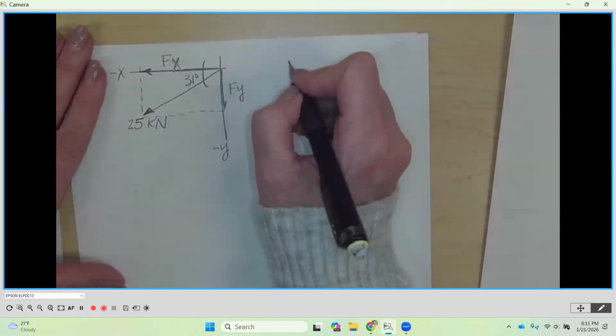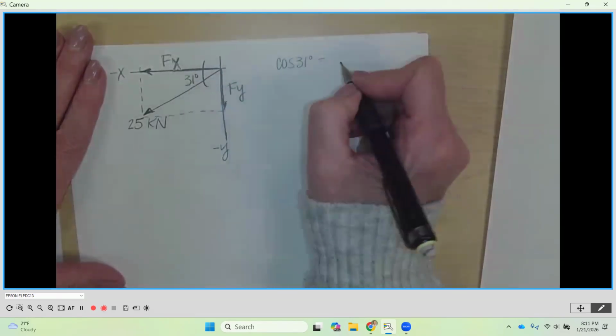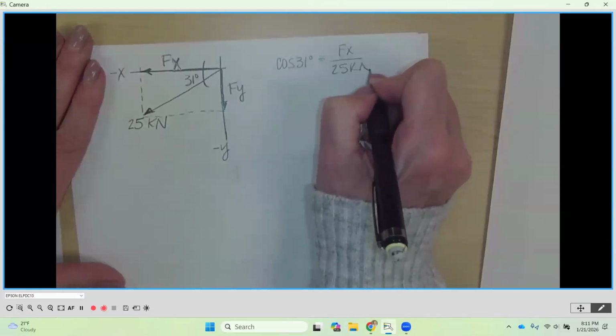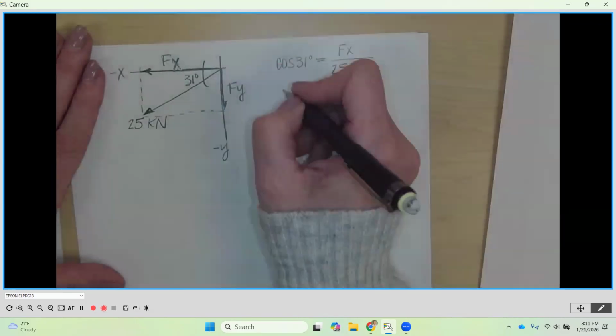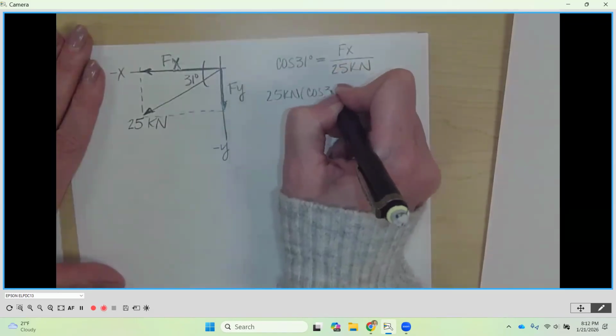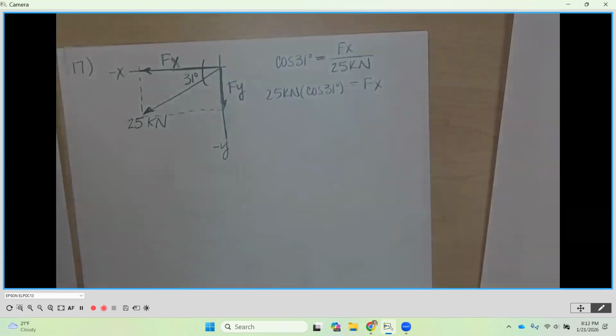The cosine, yep. So we're going to say cosine of 31 degrees is equal to the side adjacent, which is Fx, divided by 25 kilonewtons. Okay. Then multiplying the 25 kilonewtons up times the cosine of 31 degrees is equal to our Fx.